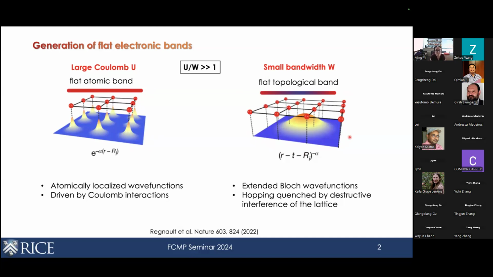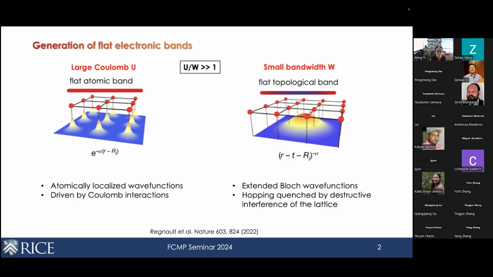In recent years, there's been a lot of activity in this regime. I just want to show this comparison because these look like fundamentally very different objects. On the right-hand side, these types of flat bands are topological flat bands. The distinction is that instead of having atomically localized wave functions, here the Bloch wave functions are extended.